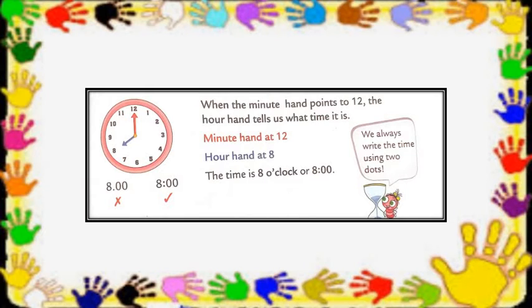In this clock, you can see that the minute hand is at 12. The hour hand is at 8. That means the time is 8 o'clock or 8:00.